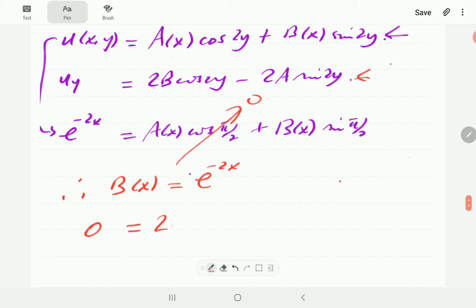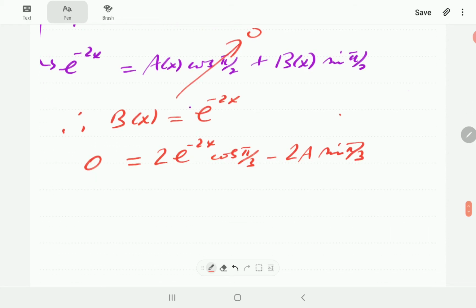So we're going to have 2b, b is e to the minus 2x, cosine pi on 3, minus 2a sine pi on 3. Okay, so that means from here we can find a.